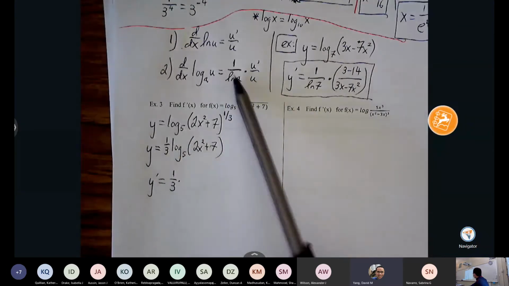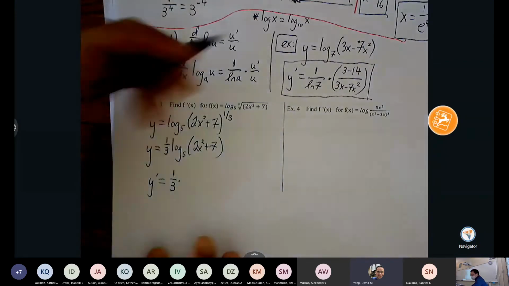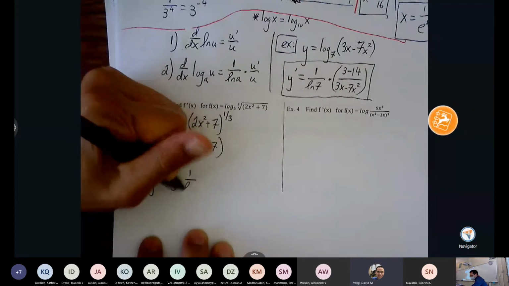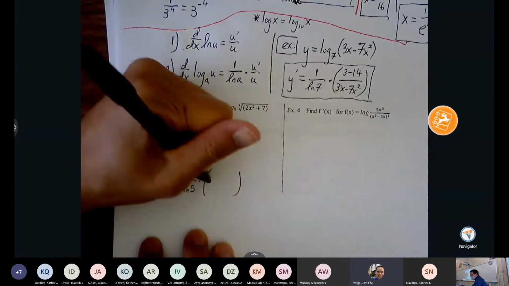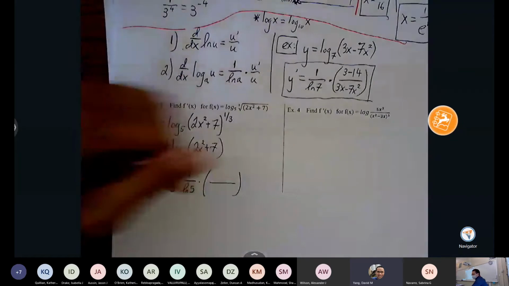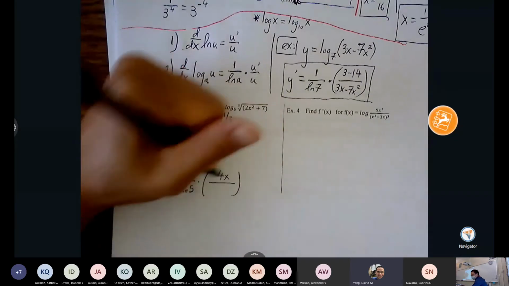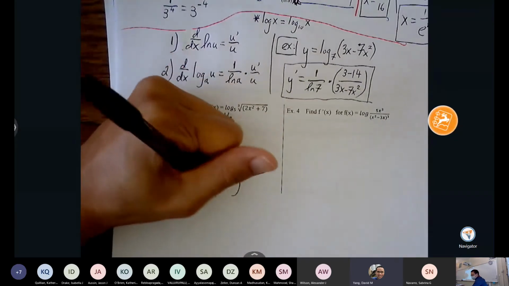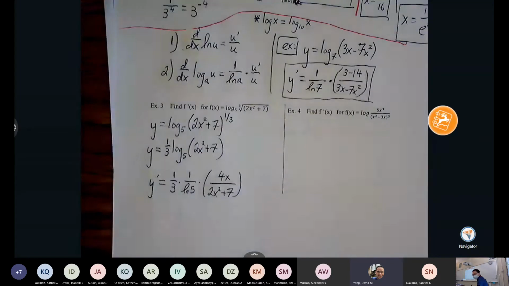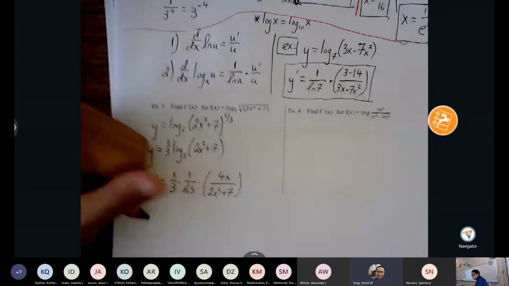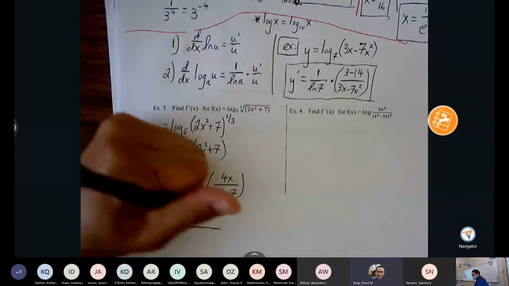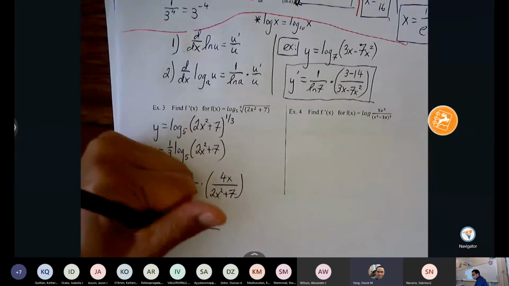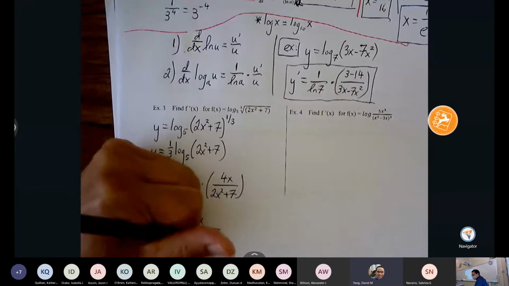It's not base E, so we got to do a little bit of conversion in front. After we get past that, then it looks just like your natural log rule, u prime over u. I'm going to just attempt to get this all under one fraction, but you don't have to.